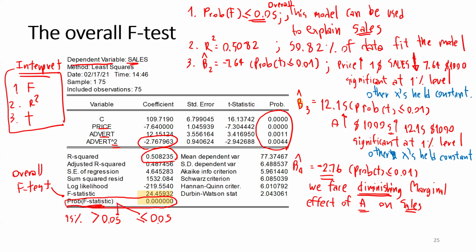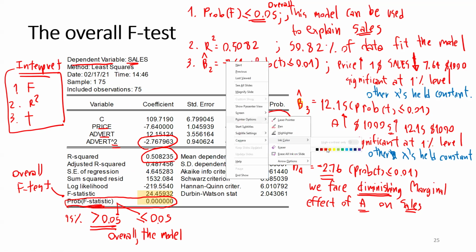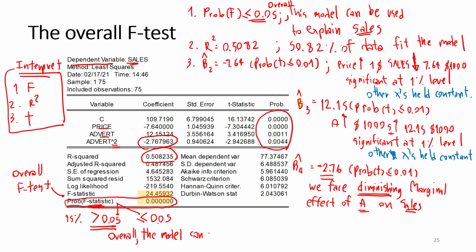For example, if the overall F test p-value is greater than 0.05, it means overall the model cannot be used to explain the dependent variable, sales.